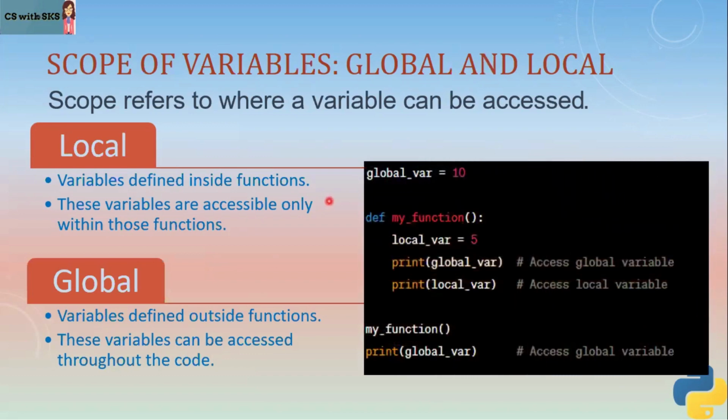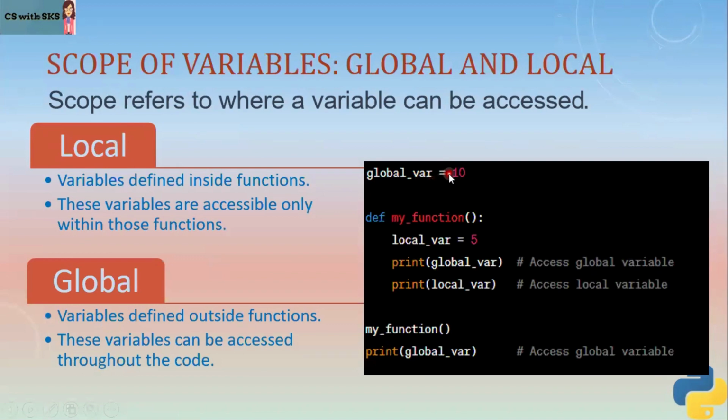This is one example. For the global variable, let's say the value written is 10, and this is a function where a local variable defined inside the function body has 5 in it. If I print the global variable, I can access it. If I print the local variable inside the function body, I can access that as well because it is defined inside the function body.